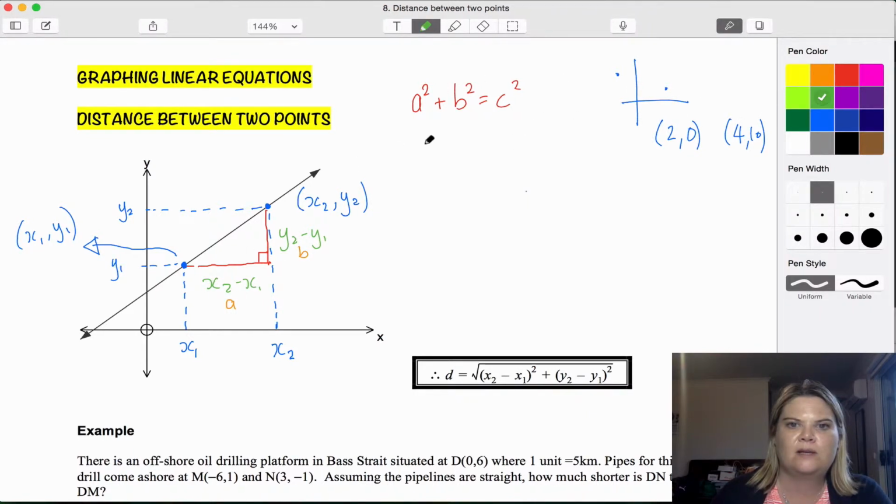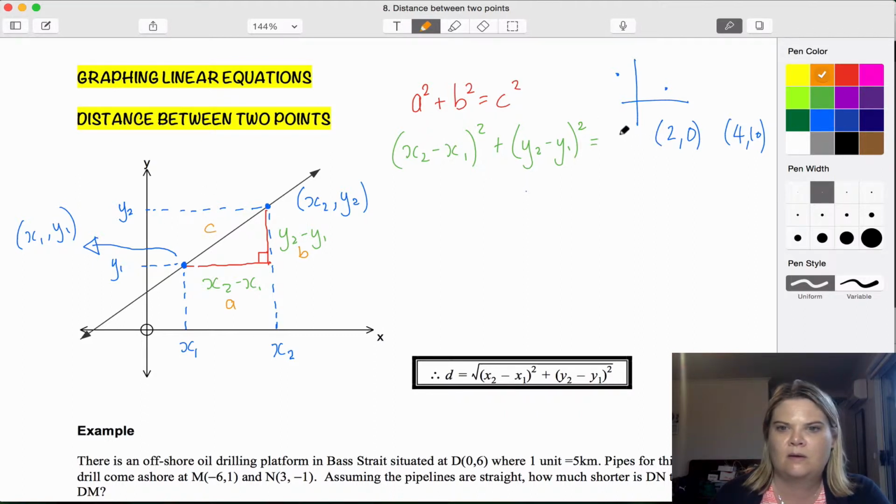So substituting in, we get x2 minus x1 squared for A squared, plus B squared, which is y2 minus y1 squared, and it will equal our C squared.